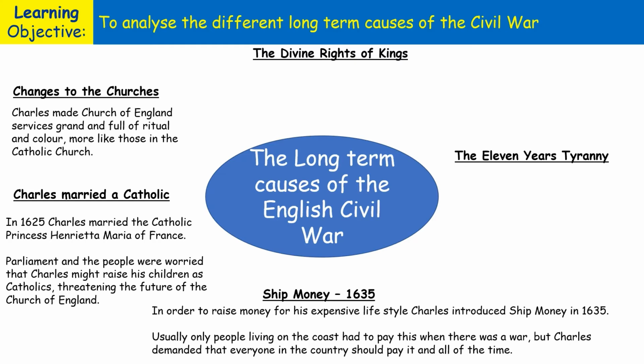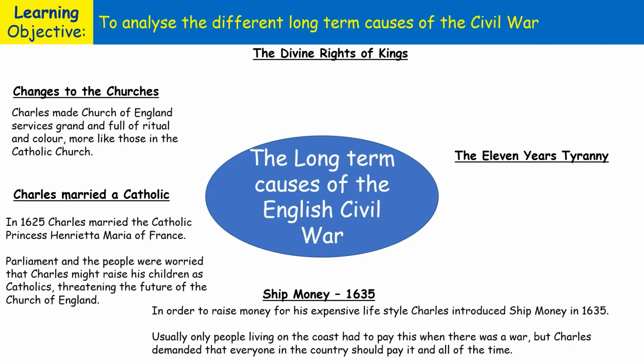Charles demanded that everyone in the country should pay tax all of the time rather than just when there was a war on. And it wasn't just people along the coast that should be paying this tax. Charles expected everyone, even people who lived inland, to pay this type of tax. So many people saw this as unfair and it led to Charles becoming even more unpopular.